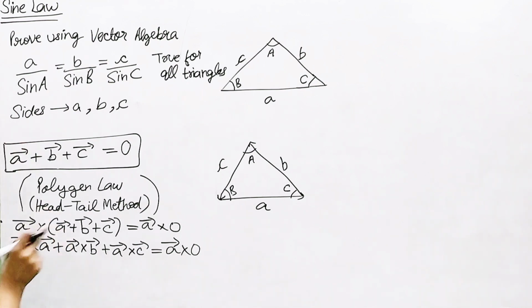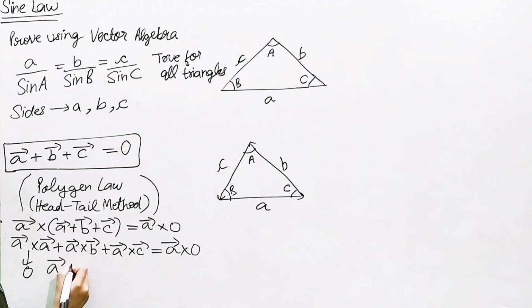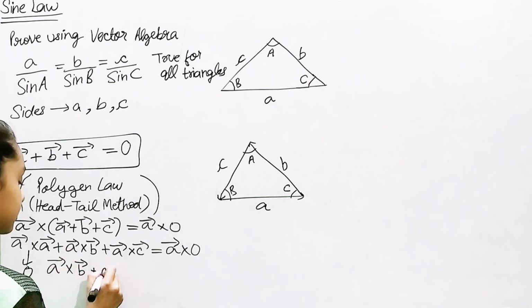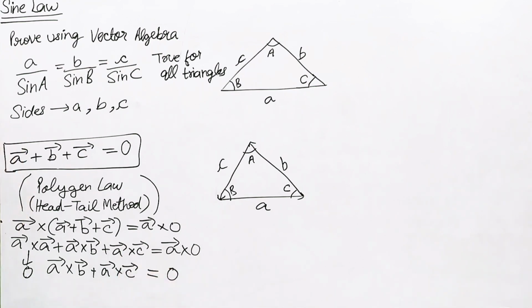So A into A plus A into B plus A into C. Okay, so our A into A will be 0. Yes or no? Yes. So what is left now? A into B plus A into C, and here what is left? 0. Is it clear? So this will be 0.